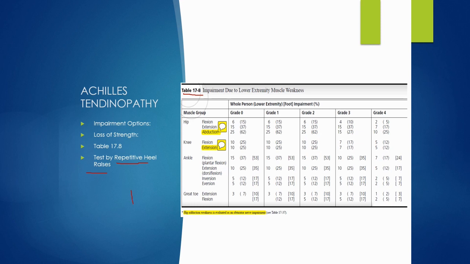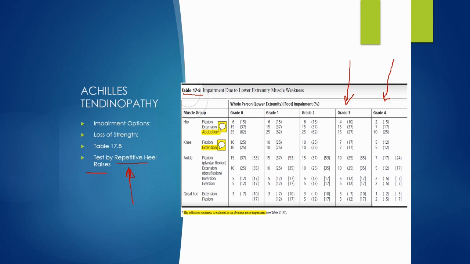So for that reason, we have the examinee use a heavier load, such as their body weight, by performing repetitive heel raises. And over the course of 10, 15, 20 repetitive heel raises, that weakness will manifest itself typically as a grade 4 or perhaps even as a grade 3 loss of strength.